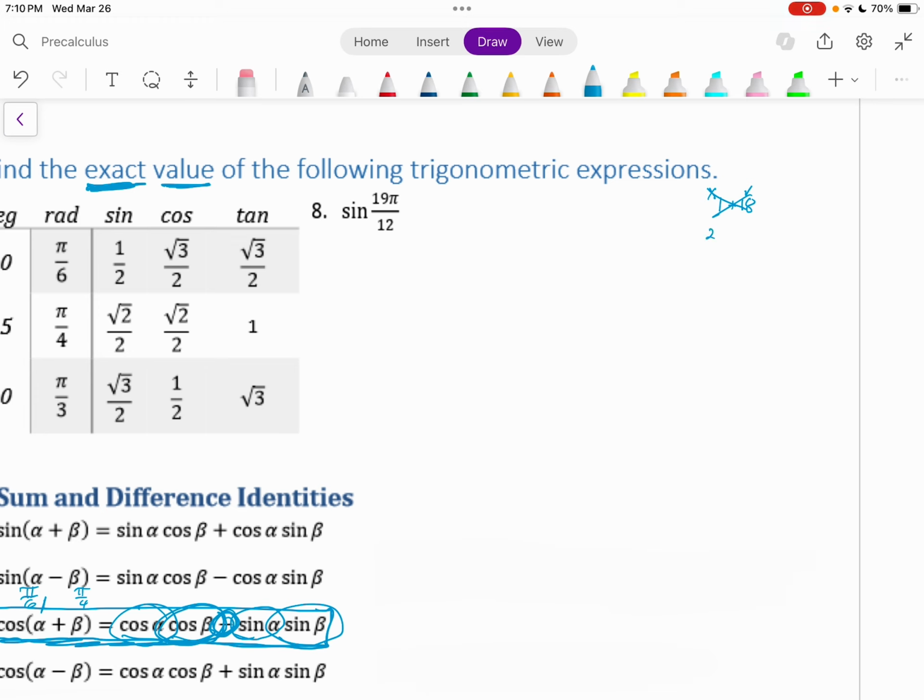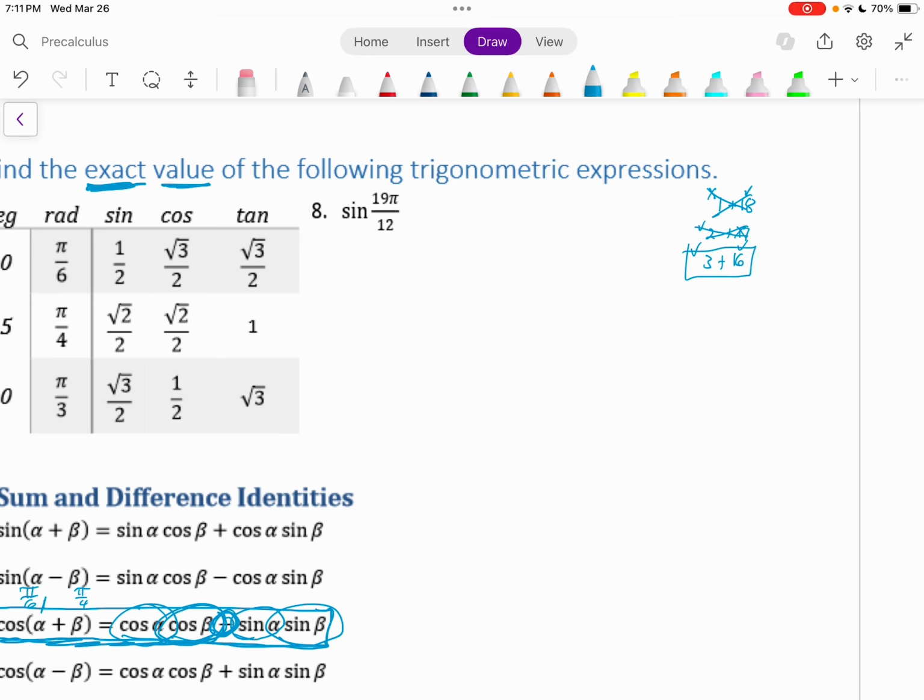What about 2 plus 17? That adds up to 19. 2 reduces with 12, but 17 doesn't reduce with 12, so that's not right. What else? Well, we have 3 plus 16 equals 19. 3 will reduce with 12. 16 reduces with 12, or has a common factor. So this is a good choice.